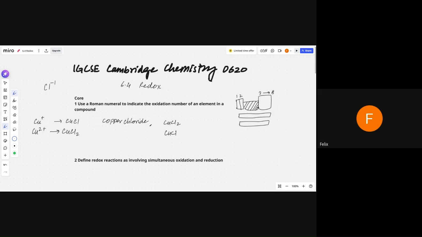So it is important to mention the oxidation state of a certain metal in its compound. If I have to write the name of CuCl2, I will write copper, then in parenthesis Roman numeral 2, and then chloride. And this is copper 1, Cu+, so this will be copper(I) chloride.